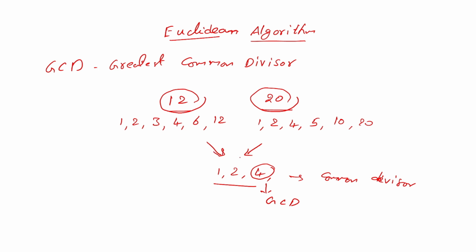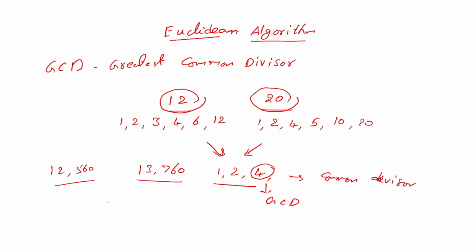But if the two values are like 12,560 and 13,760, then how can you find the GCD of these two values? It is impossible, it will take a huge amount of time.